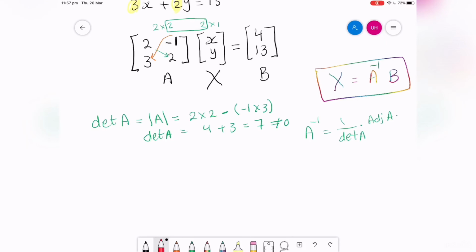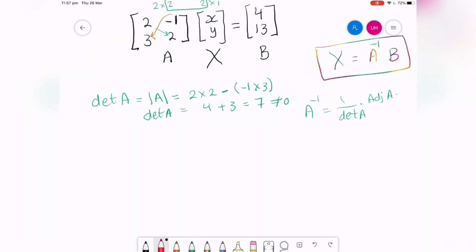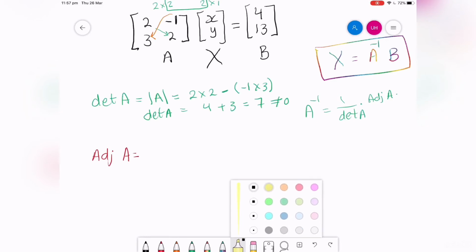Now the adjoint of A. As we said before, all we need to do is swap these over. In this question these both are the same value anyway, so it doesn't matter, but the idea is to swap the places and change the sign for the other two.